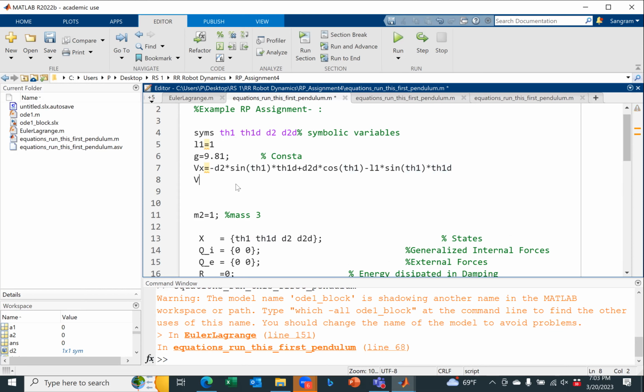Okay. Vy is equal to d2d multiplied by sine theta 1.